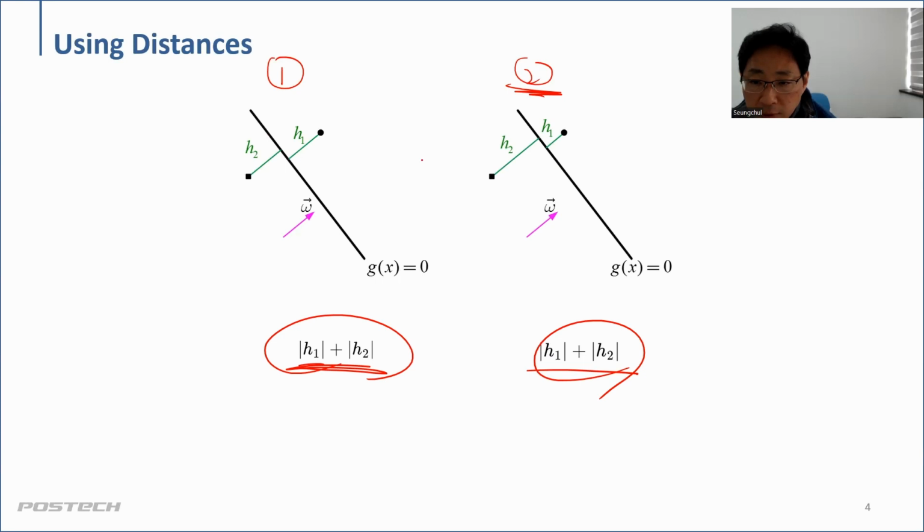I think if these two are parallel, they are the same, right? If you compute the distance from all the data points and do summations, those two are going to be the same. So we cannot pick one as better than two based on the value of the summations, because it's going to be the same. So it fails.